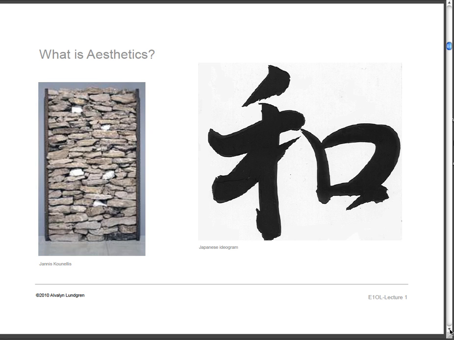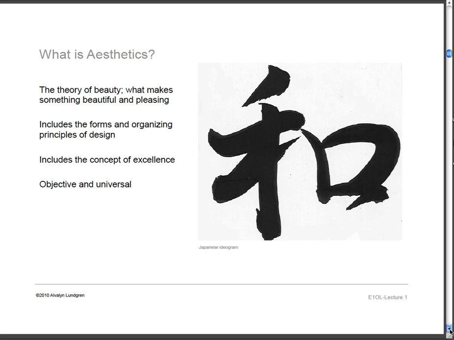So the idea of aesthetics, as we are addressing and studying it in class, is basically the theory of beauty. It is what makes something pleasing, compelling, attractive to the human eye. If design is a visual thing, it needs to have some attraction to it. Aesthetics involves the forms and organizing principles of design.